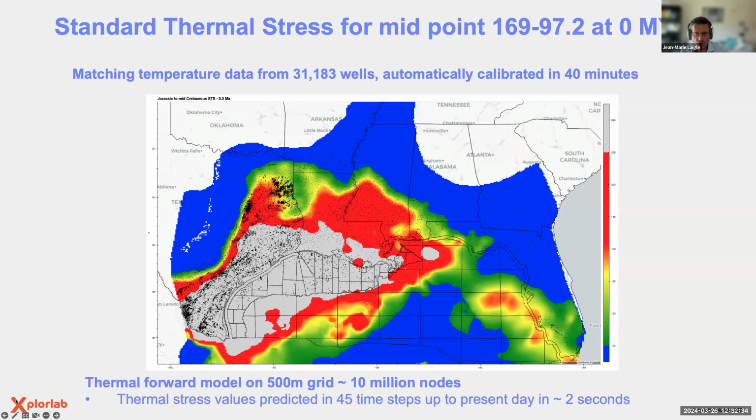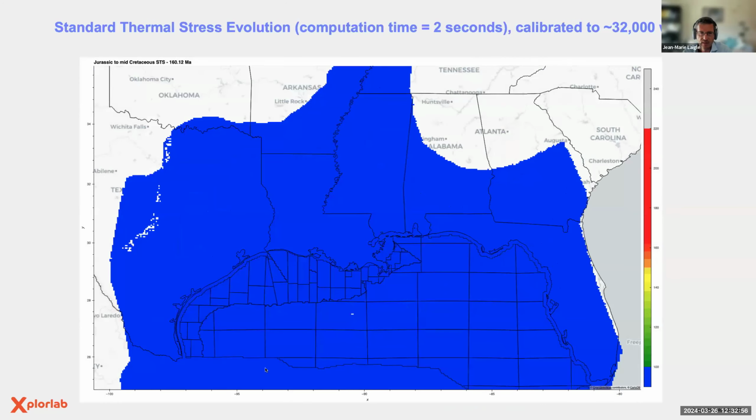Right, and just to continue to show some results of this, this is a best case for the standard thermal stress for this model in the mid-Jurassic to mid-Cretaceous layer, right? So some things that we can obtain in seconds, as you've seen, and this is an evolution of the thermal stress through time.